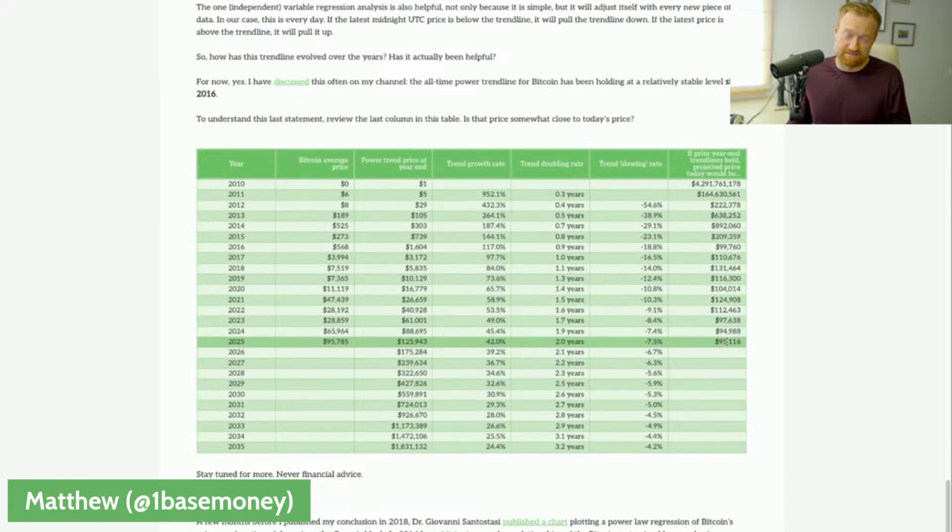And if past performance equals future results, this is what it should look like over the next 10 years. By 2035, the power trend is, at the moment, showing $1.8 million per Bitcoin.